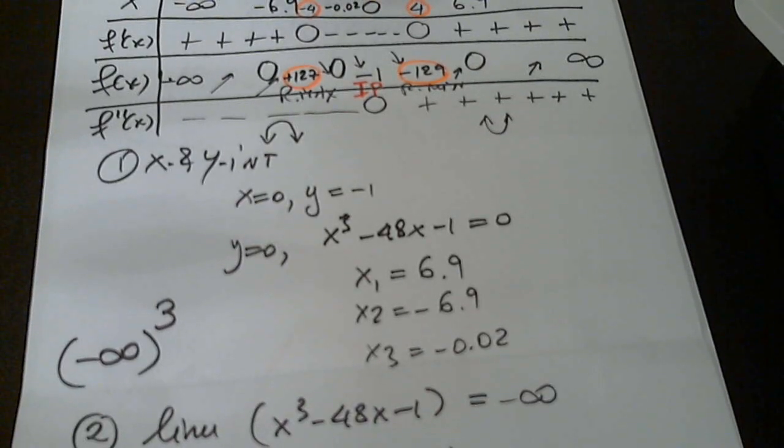So the viewing window, negative 7 to 7 or negative 10, 10 is fine, but the y is not. So I'm going to say negative 150 to positive 150, with a scale of 25.